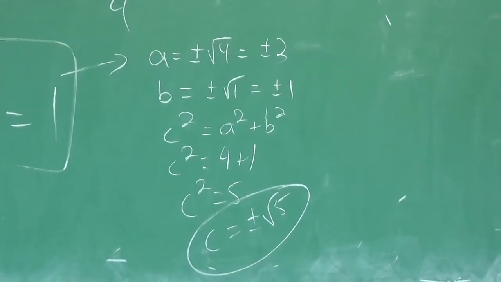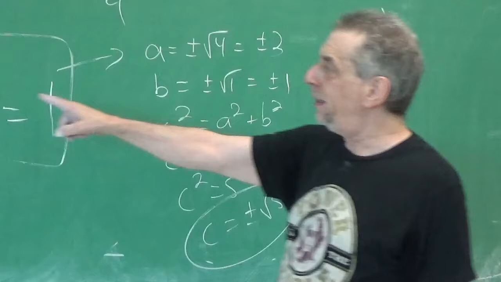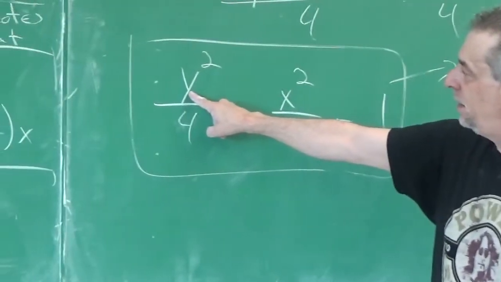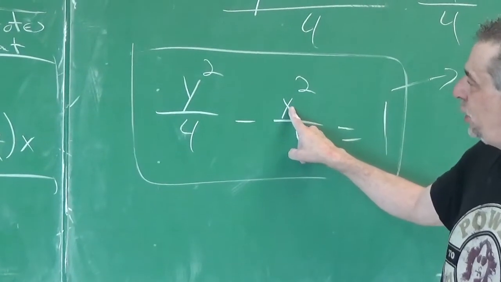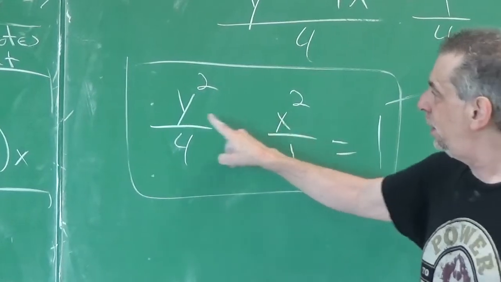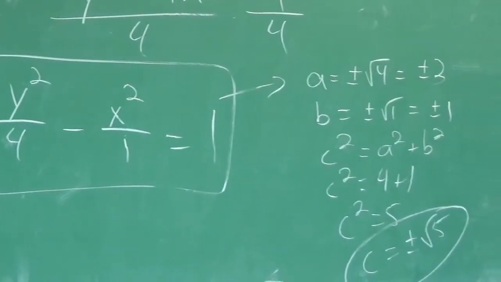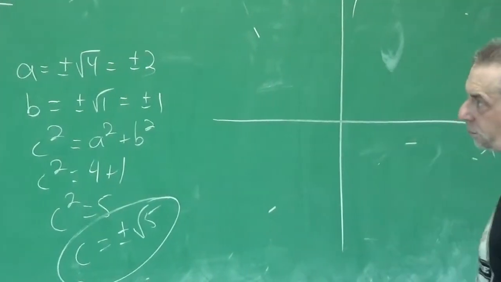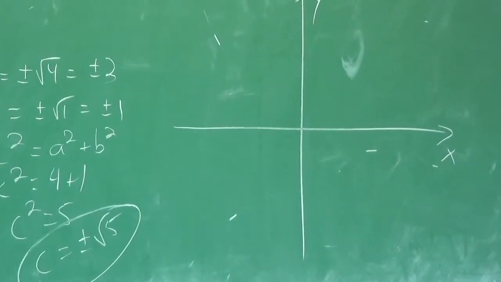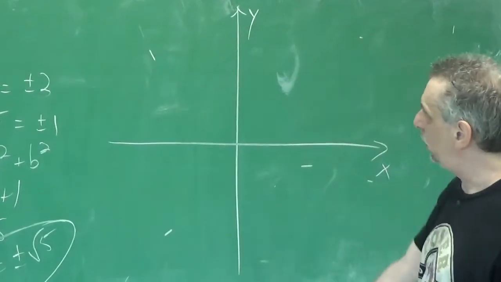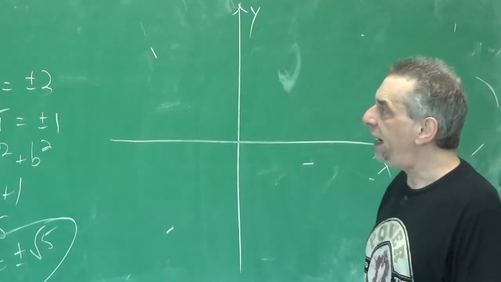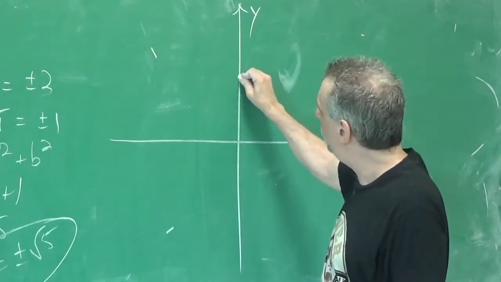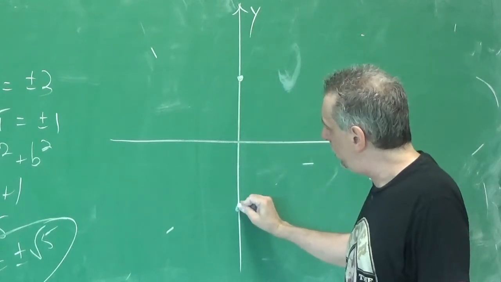And then if we're asked to graph this, we know it's centered at the origin, right? Y minus k, x minus h. That's going to be where the center is. In this case, centered at the origin. And let's see, positive on the y, so we know it's along the y-axis with a value of 2, so we're going up 2 and down 2.